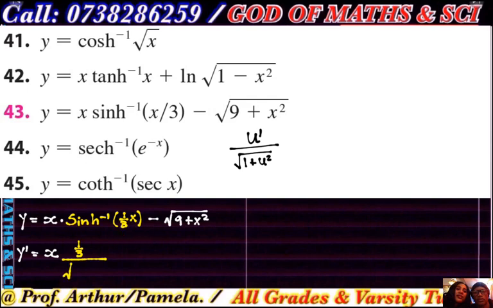I need to square that one, so it's 1 plus, when I square that one, x squared over 9. We good? Now, if we're to flip it over, this 3 here must definitely come down there, when you flip it over.